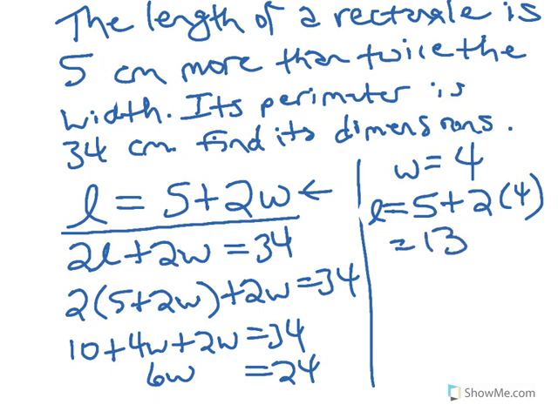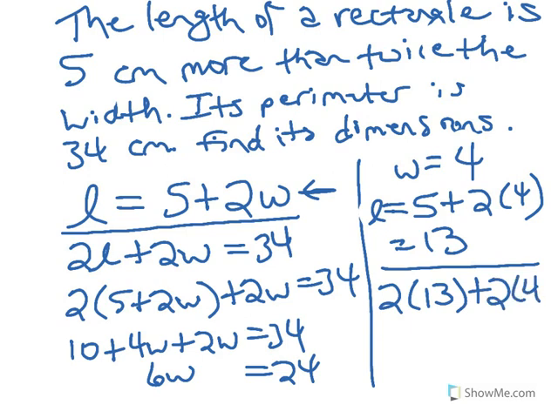The sixth and final step is to take the two values we've got, 4 for width and 13 for length, and plug them into both equations to make sure we've got it right. Well, we got 13 from the first equation, so we know that that part's going to agree. The other one, 2 times 13 plus 2 times 4 needs to be equal to 34.